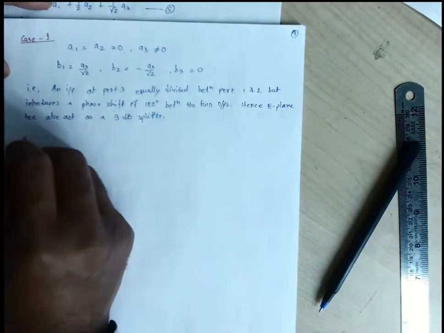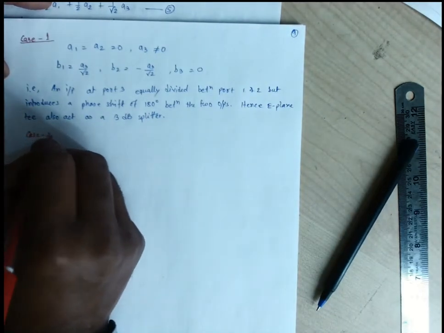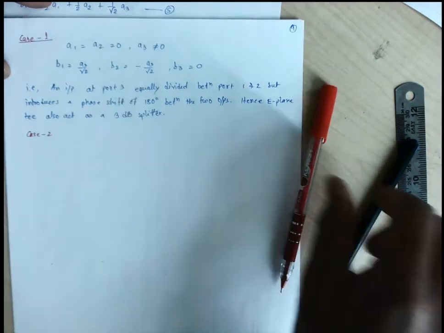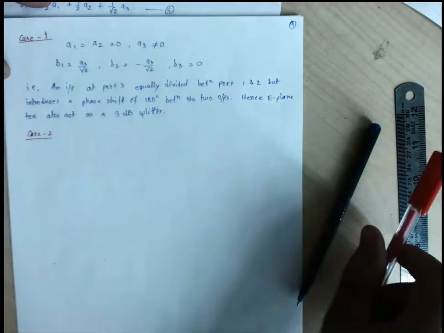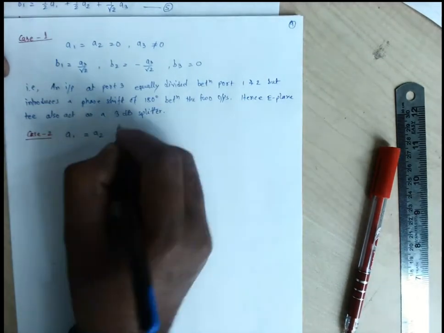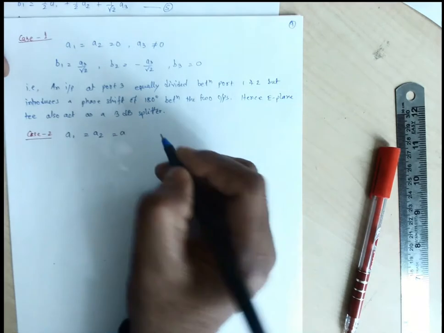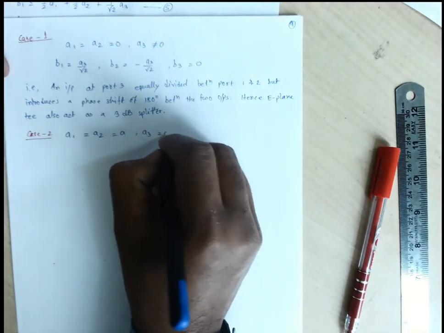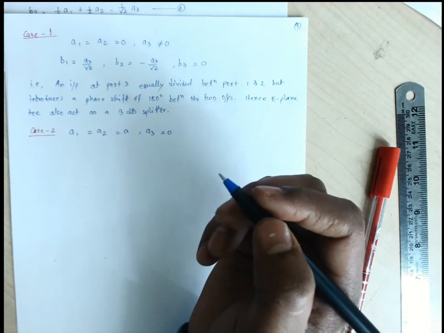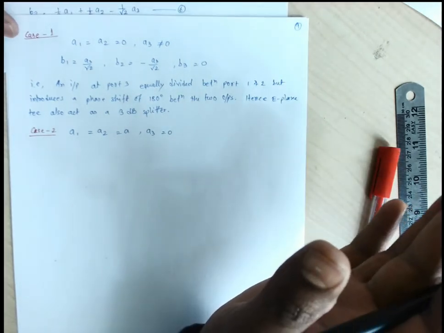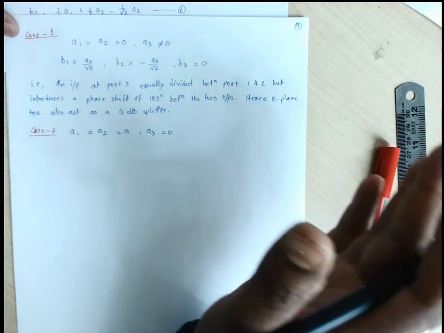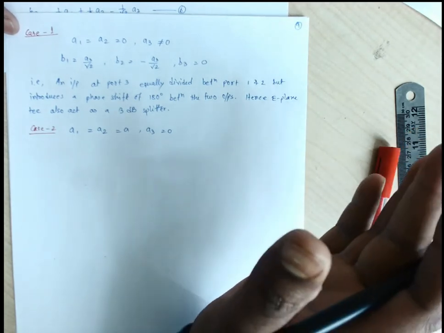Case 2. A1 is equals to A2, some input is given, and A3 is equals to 0. So at port 1 and port 2 some input exists, and port 3 is given no input.